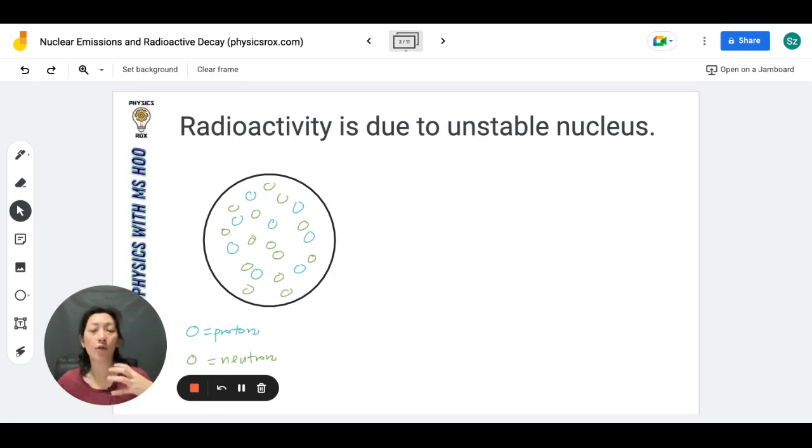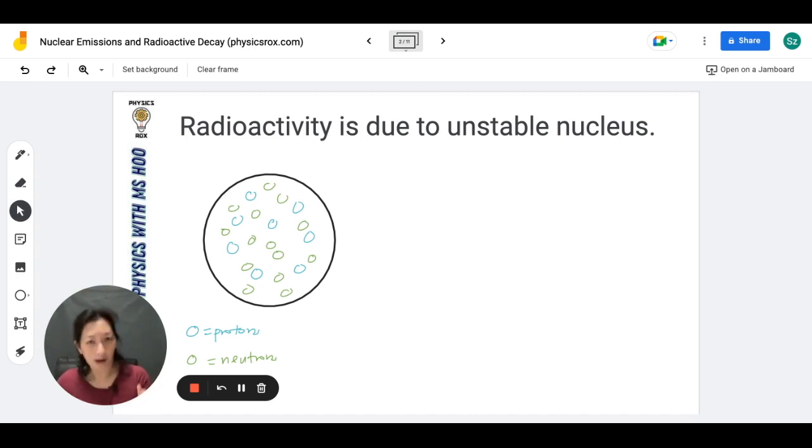So why a nucleus is unstable is because of the number of protons and neutrons. You don't really need to memorize the numbers, but what you need to know in general is that in nature, there is a certain number of protons and neutrons that need to exist in certain elements for them to be considered stable. If you learn chemistry, you can refer to this number in the periodic table.